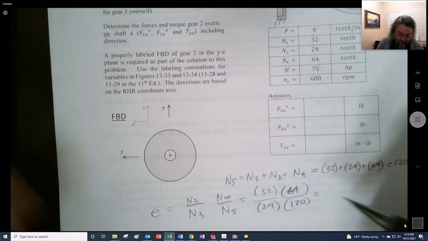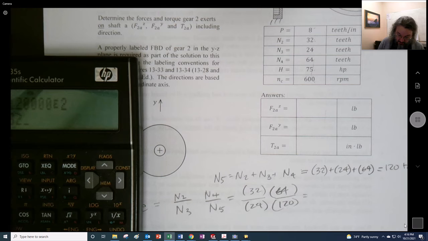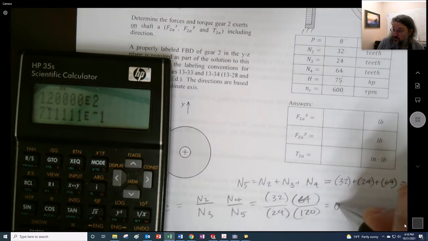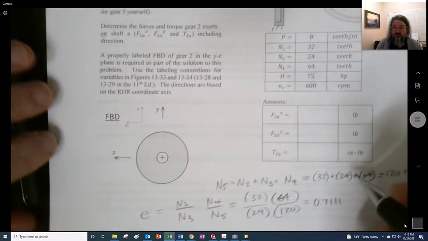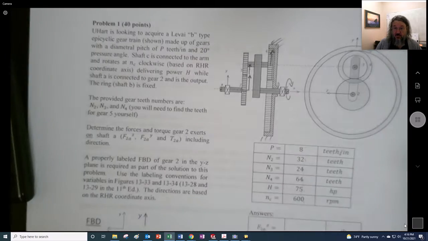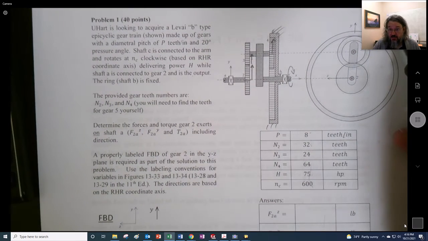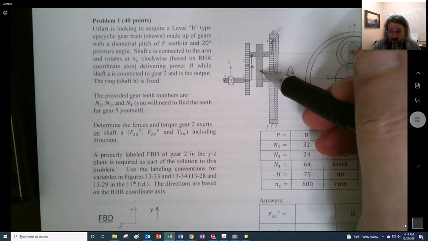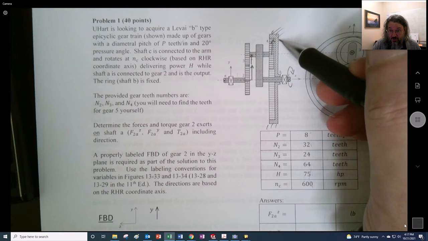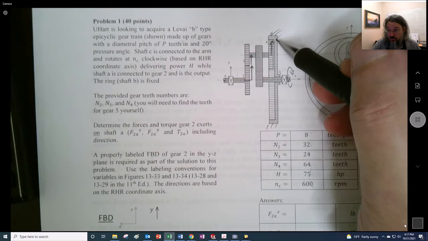So 32 times 64 divided by 24 times 120, and we're left with 0.7111. And we have to ask ourselves, is this positive or negative? Well, the best way to decide is to hold the arm and then rotate 2 and see what direction the last one moves.